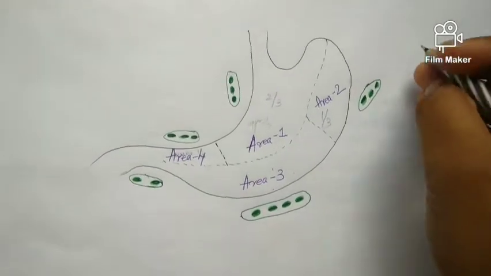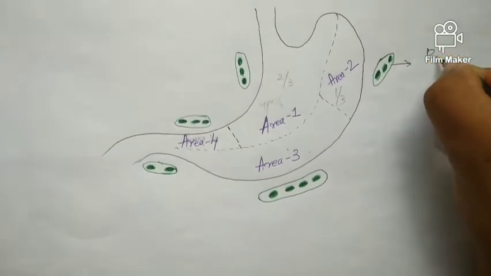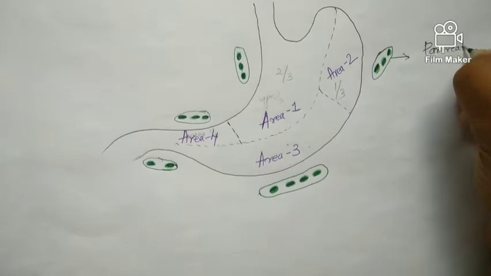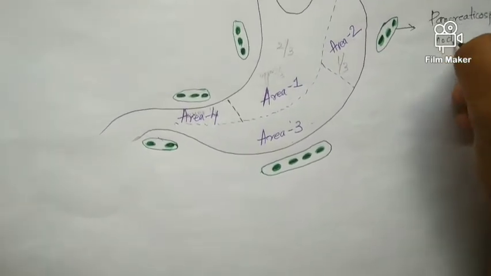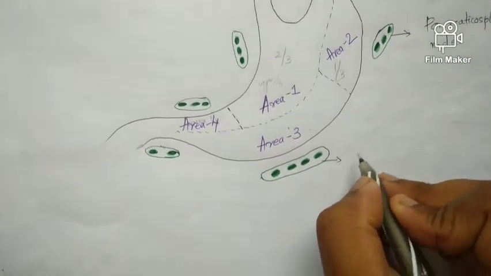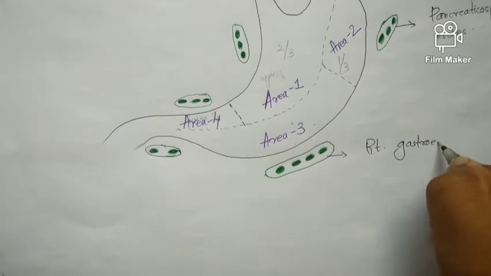so now we can label the nodes. So this is the pancreaticosplenic nodes and this is the right gastroepiploic nodes.